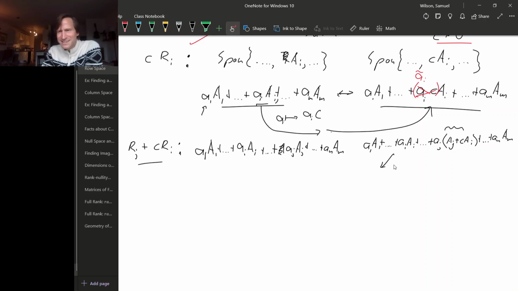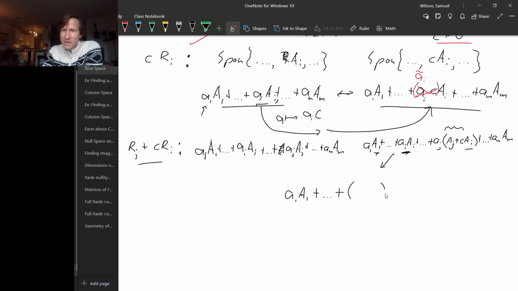But if you look at these, we can regroup these terms. There's only one term with the first row, so that's a sub 1 times first row, and so on. None of them change until we get to the ith row.